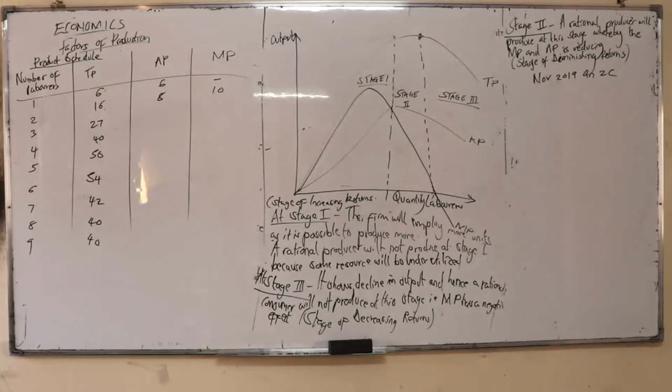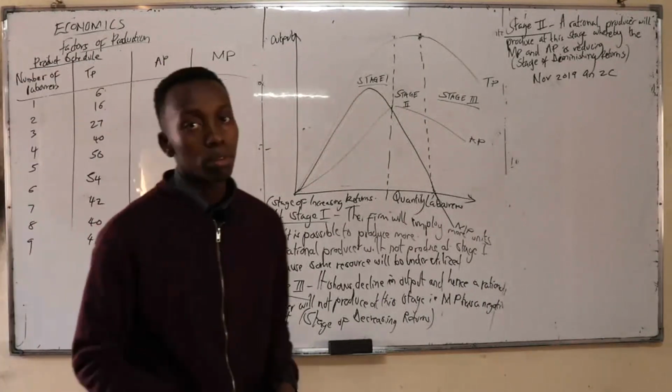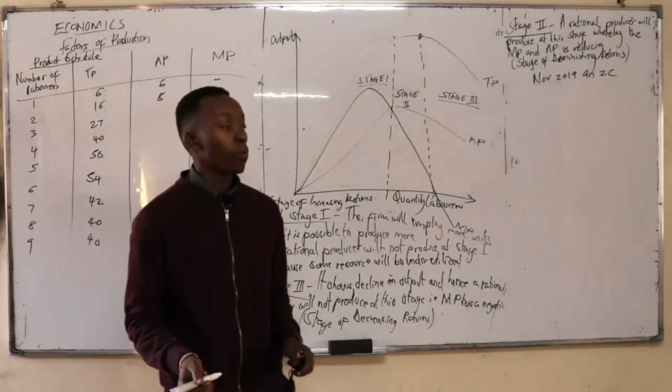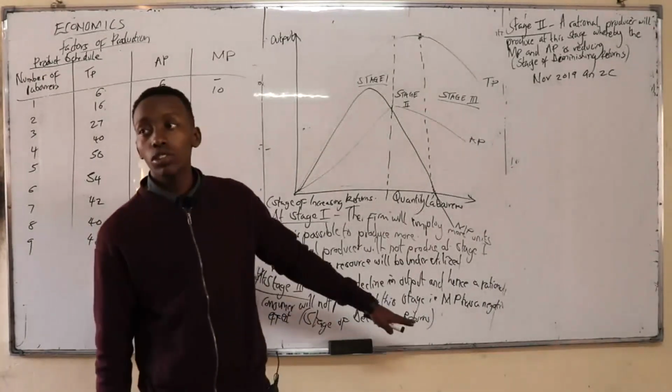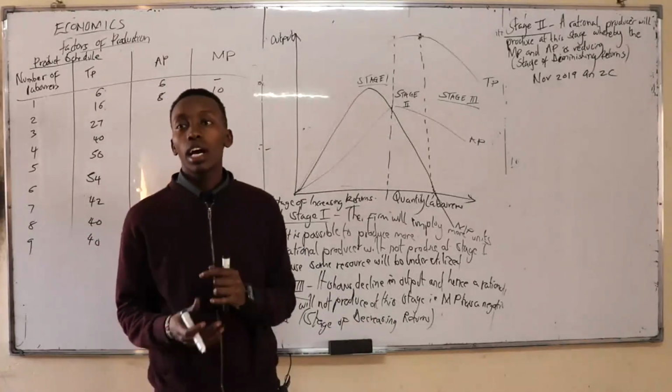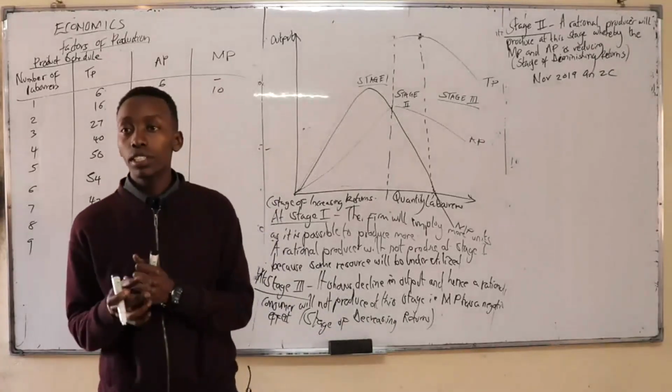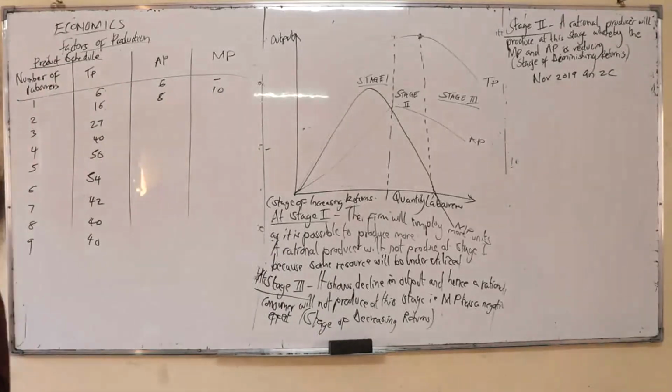You're being asked to describe two assumptions of the law of variable proportions. What are the assumptions of the law of variable proportions? One, you have said that it happens in the short run. By definition of a short run period, we know that at least one factor is fixed while the others can be varied.